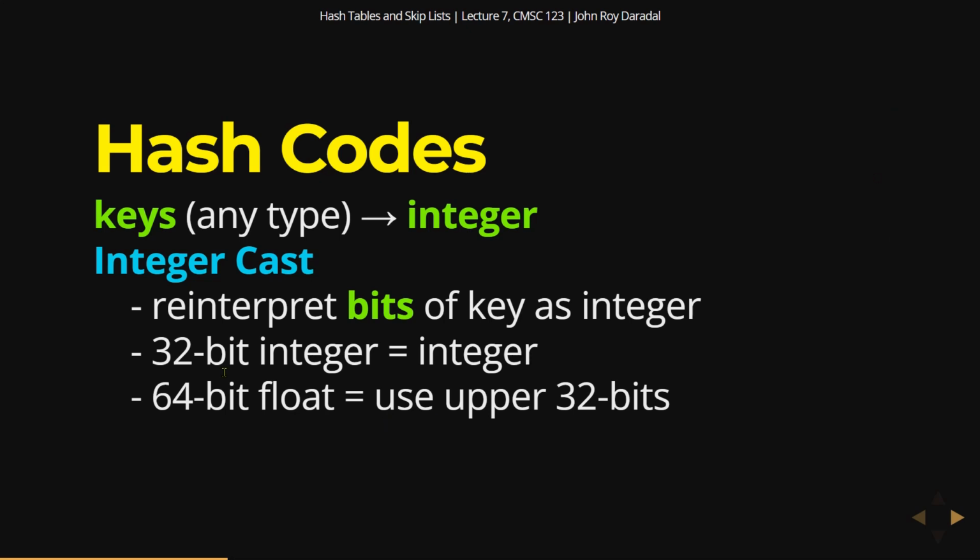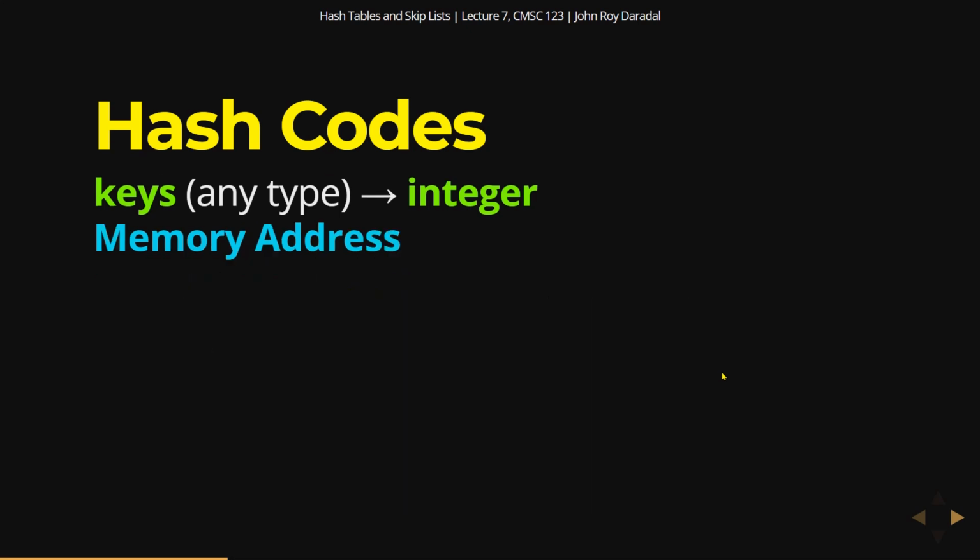If it's a 32-bit integer, then that's automatically an integer already, so there is little to no work needed. But if it's, for example, a 64-bit floating point, then we can just take the upper 32 bits and convert that into an integer.